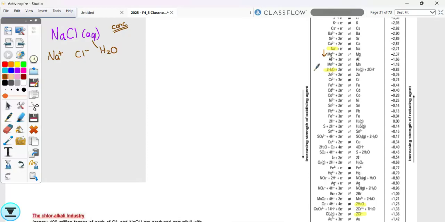On this side, the water is still winning. But on this side, the Cl minus is going to be beating the water now because it's going to take it up about 0.4. So if you go up here, it's going to take it all the way up around there.